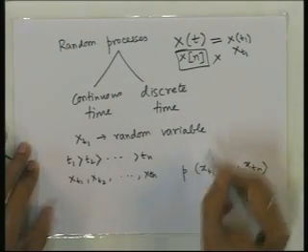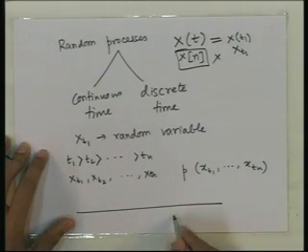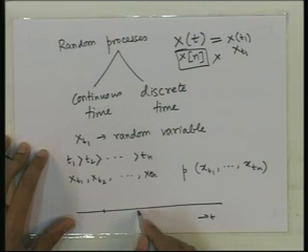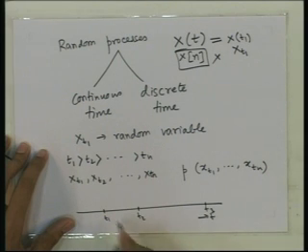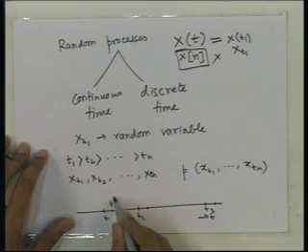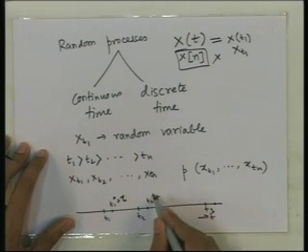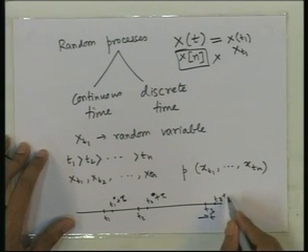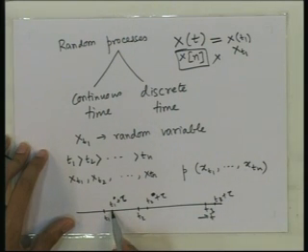Suppose we choose times t1, t2, t3. Now, if I shift all the time instances by, say, 1 second, to t1 prime, t2 prime, that is t1 plus tau, t2 plus tau and t3 plus tau, then the density function of these 3 random variables together is the same as the density function of the original 3 random variables.